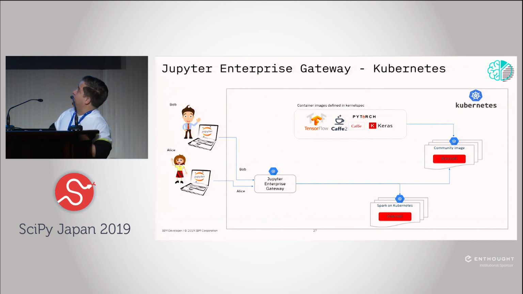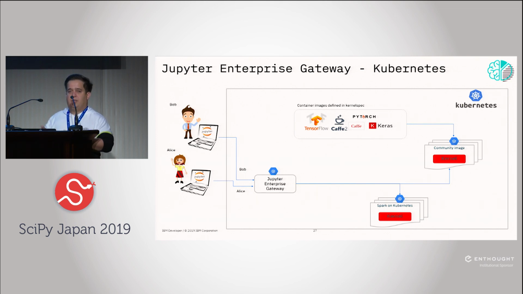So here is a diagram of how it works. Similarly, when Bob comes and requests a notebook, it talks to Enterprise Gateway. The benefit here is that you can start mixing and matching the kernel that you want with the framework that you want to use. For example, if you want a Python kernel to do TensorFlow, you launch a Python kernel on a TensorFlow image.